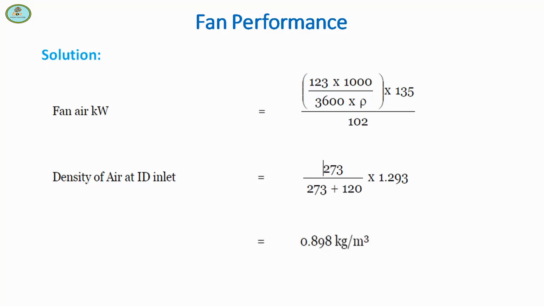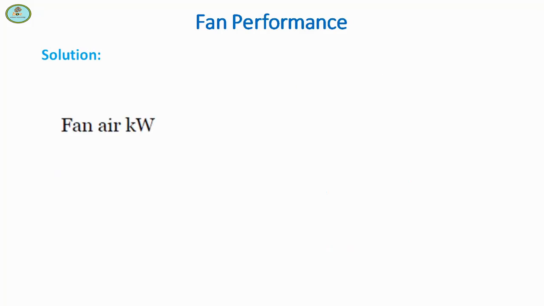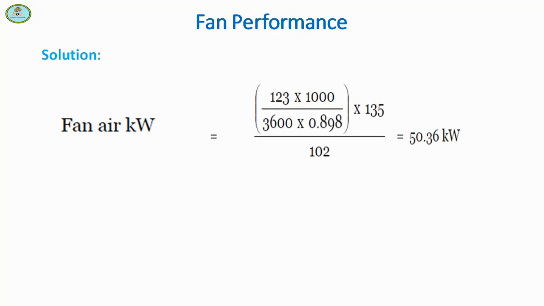So density of air is 0.898 kg per cubic meter. Fan air kilowatt is 123 × 1000 divided by 3600 × 0.898 × 135 divided by 102. So fan air kilowatt is 50.36 kilowatt.